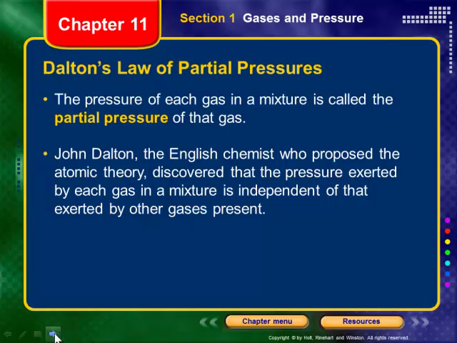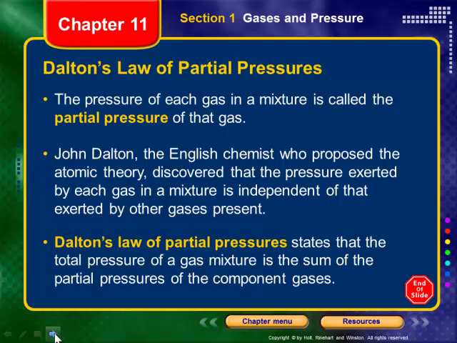He's the one that gave us the atomic theory, and he was the one that proposed this idea. And it's important to us because of the way we often collect gas in the laboratory, which is by displacement of water. And so the gas will always pick up some water vapor in it. And so if we want to know what the pressure of the gas is, we have to be able to calculate that.